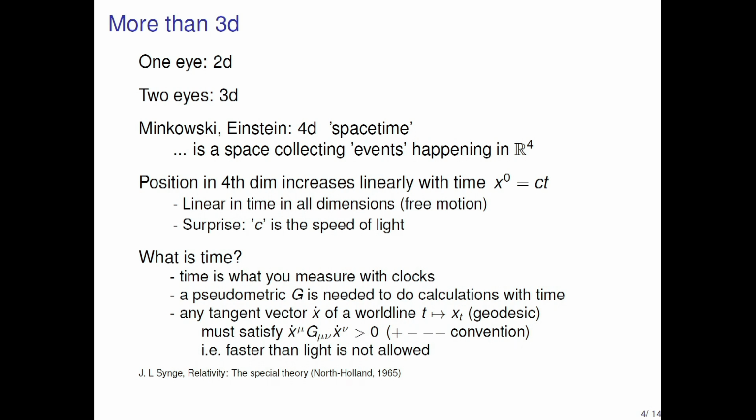You know, if G is a pseudometric, then this quantity could become negative. I follow the plus, minus, minus, minus convention. Many people follow the minus, plus, plus, plus convention. There are always two ways to do that. And asking that this quantity is positive is the condition that motion cannot be faster than light.